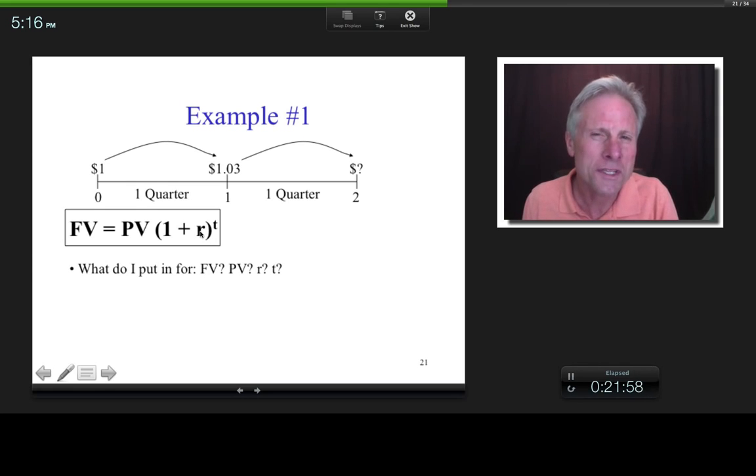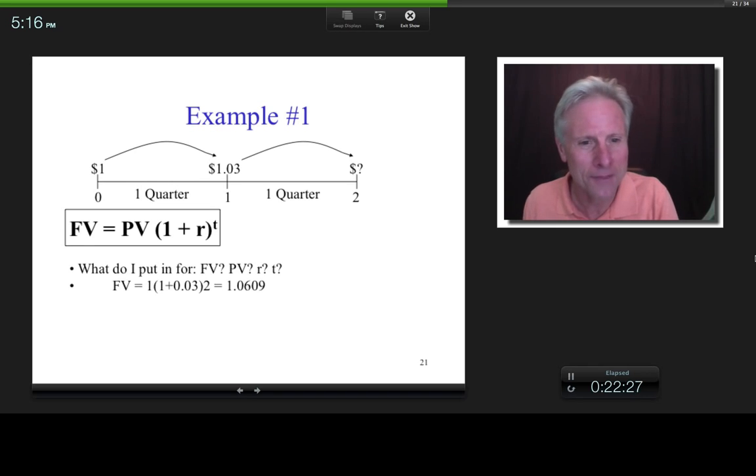Okay, what's the R? Well, how long are these periods? They're quarters, right? So I better be working with what kind of effective rate? An effective quarterly rate, right? And we already calculated that. That was how much, you remember? That was 3%, right? So if I put $1 here, then what do I put in for t? How many periods am I moving forward this $1? 2 periods, right?